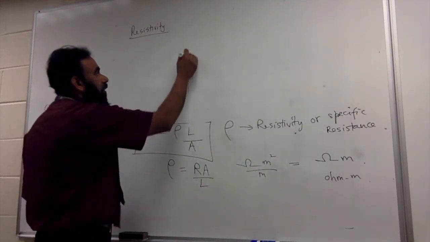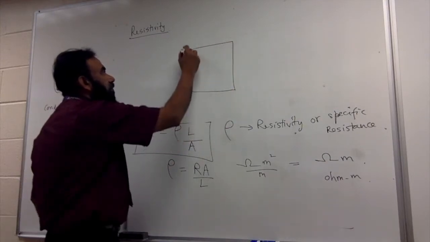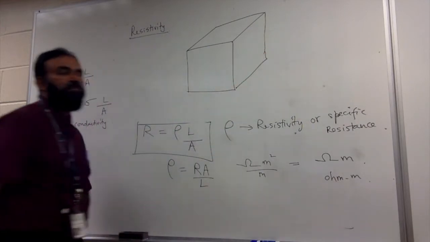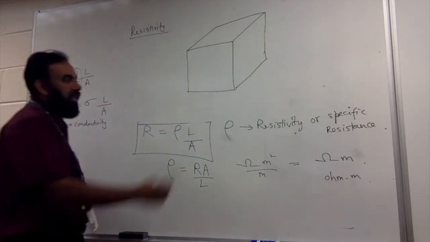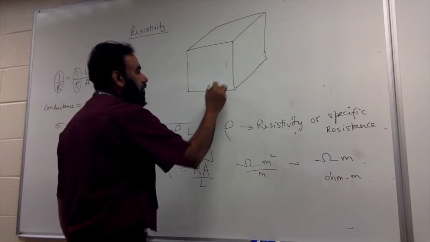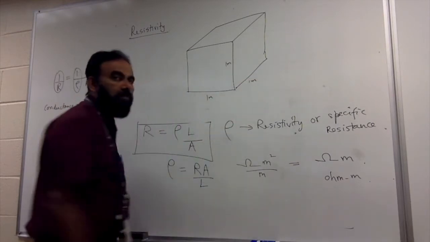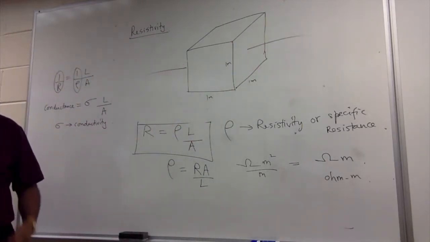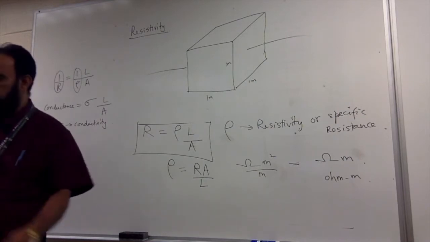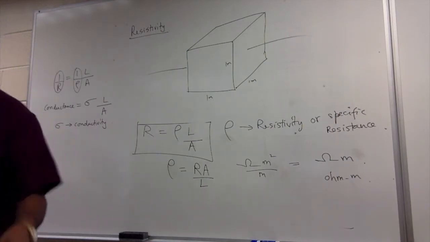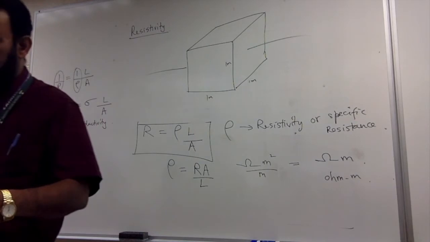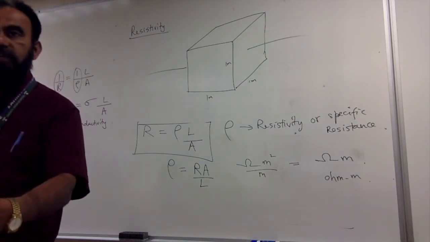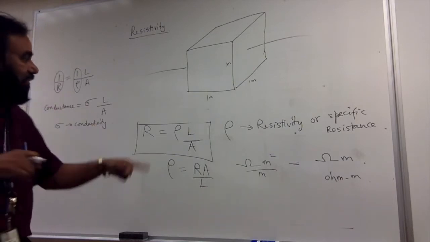Like if I take a cube, and the side of the cube is 1 meter, and if I attach probes to this side and this side of the cube, you know what I'm saying? So if you have a cube, not a cuboid, but a cube, imagine the sides are 1 meter each. And if I take the probes and connect it like that, what resistance am I going to get? That is resistivity.